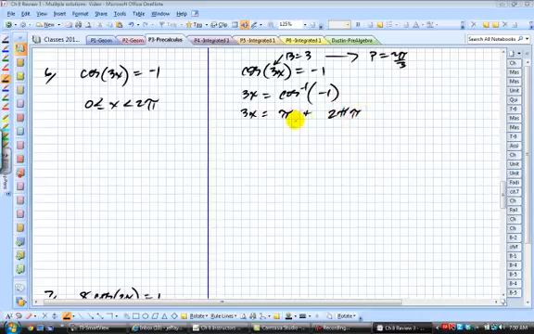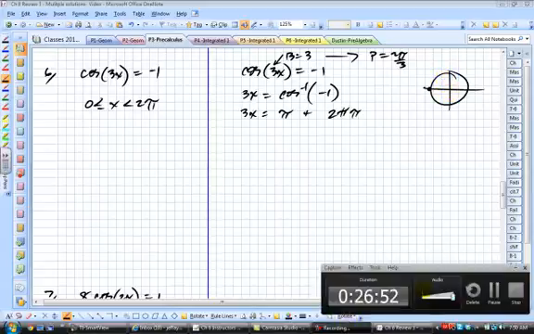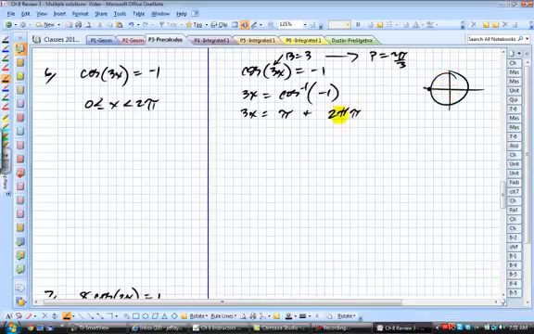Remember on the unit circle, right here, this is at -1 comma 0. So what this means is I have to keep on adding 2 pi, because we know that when you do that, you're here at pi radians. When you add 2 pi, you go all the way around again. You're at 3 pi, and then I go all the way around again, 5 pi, and so on.